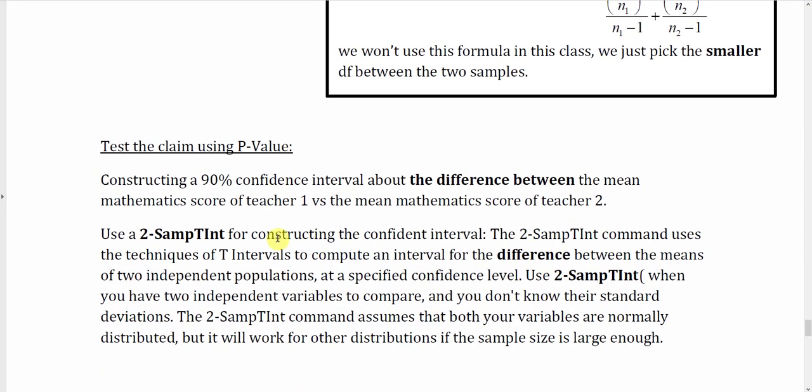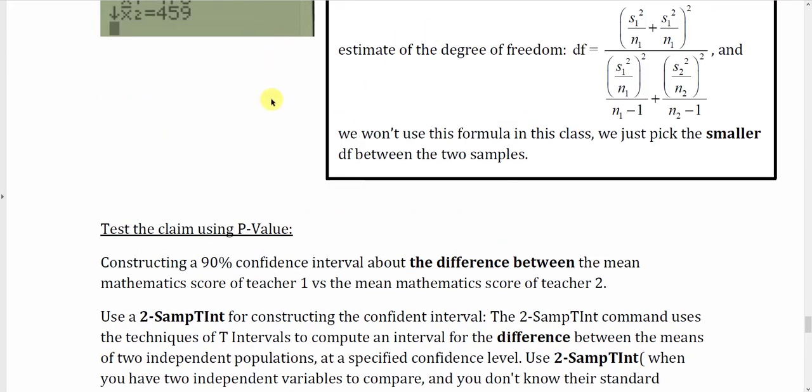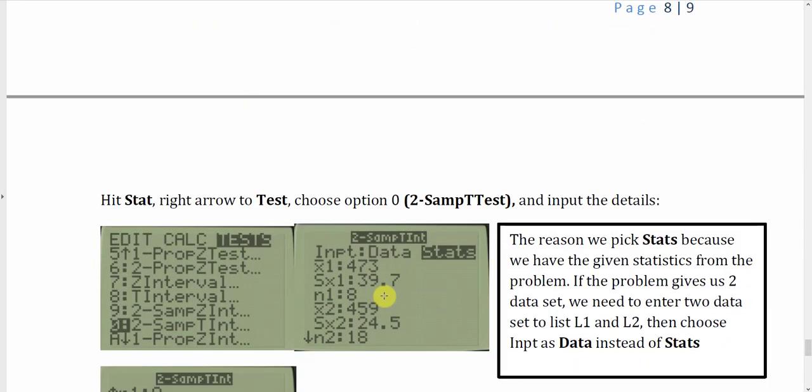It's okay. Now, to test a claim using the p-value, we can also construct a 90% confidence interval about the difference between the means. I use the two sample T, INT stands for interval, to construct the confidence interval. Again, we have two samples, so make sure you pick two sample T interval.